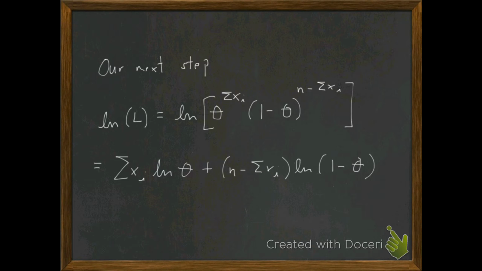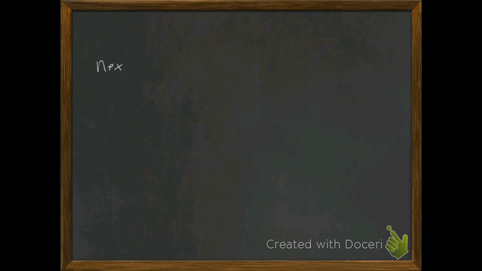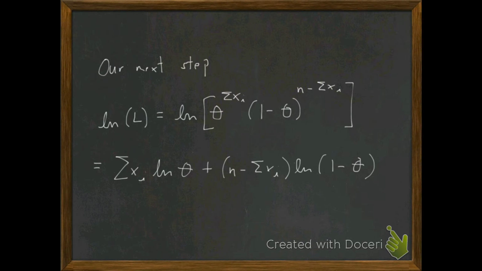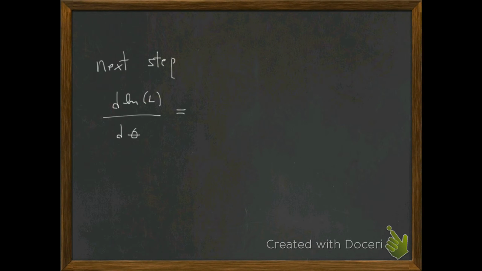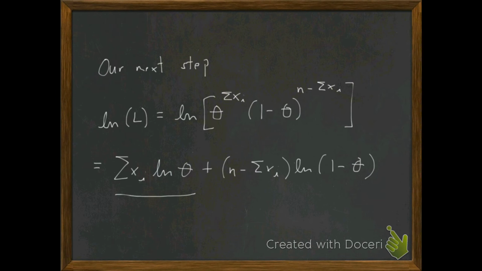Now, guys, our next step is to take the derivative. So I'm going to take the derivative of the natural log of L with respect to the parameter, which in this case is theta. For the first term, we use the product rule: the derivative of the first times the second, and then the same thing for the next.